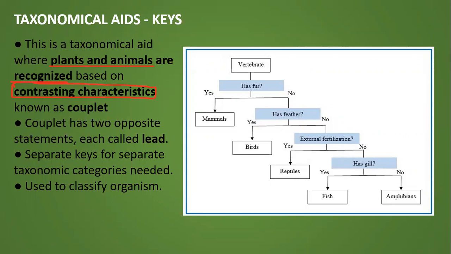A couplet has two opposite statements, each of which is termed a lead. Clear. Separate keys for separate taxonomic categories are used, and they are used for classifying the organism. Clear, everyone?